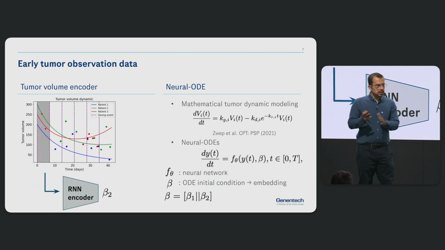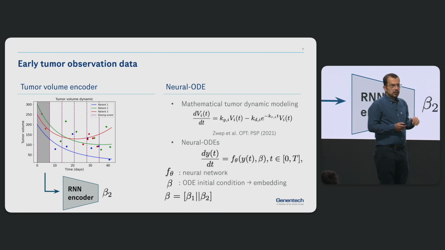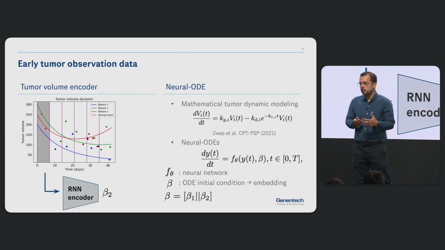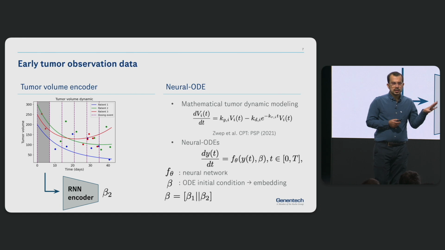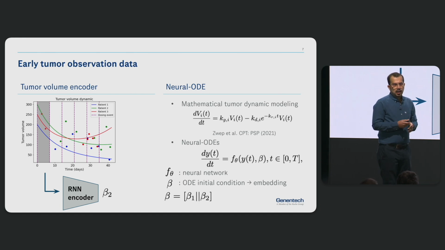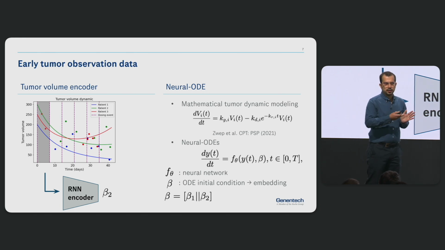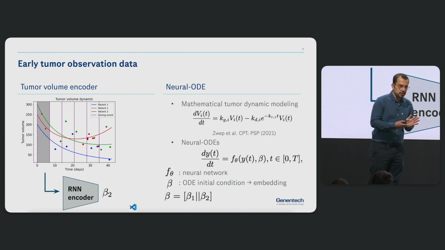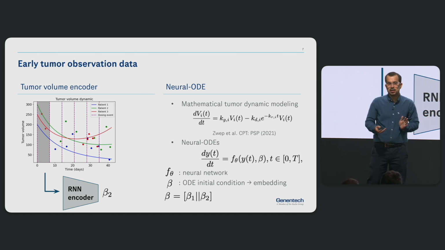Now we want to go to the other step, which is the tumor volume encoder. If you look into this gray area, we want to know, okay, if I have the information for this particular patient from day 0 to day 7, how can I predict from day 7 to the rest? Like how the tumor is going to respond to a treatment given the genomics profile I have from the patient.